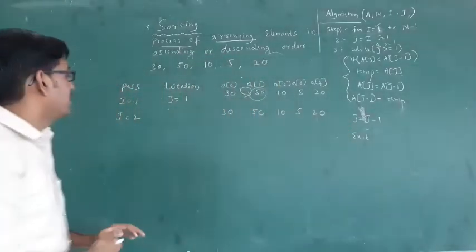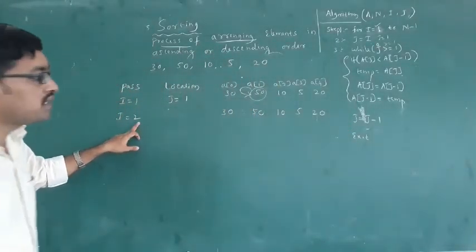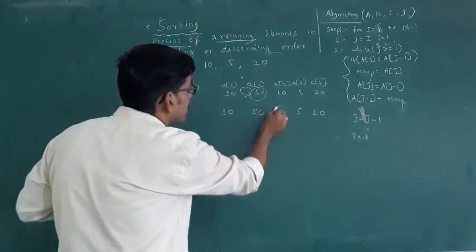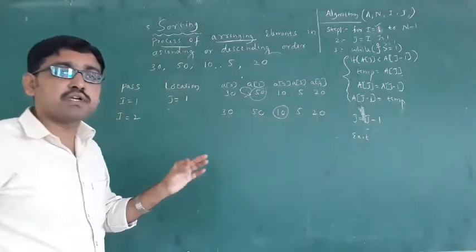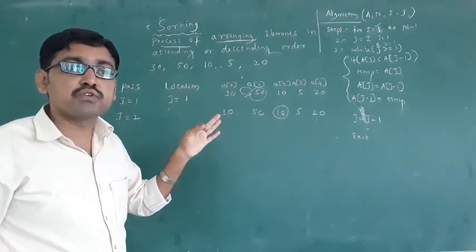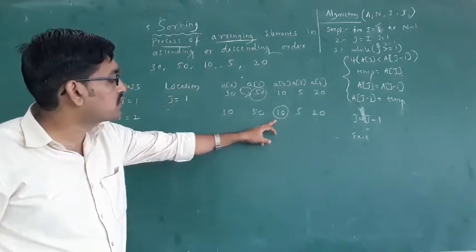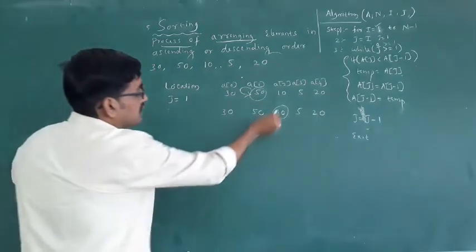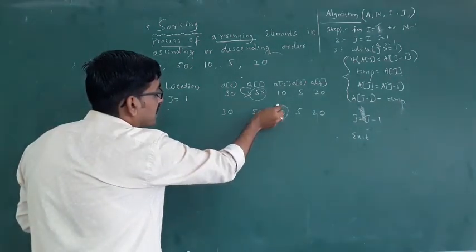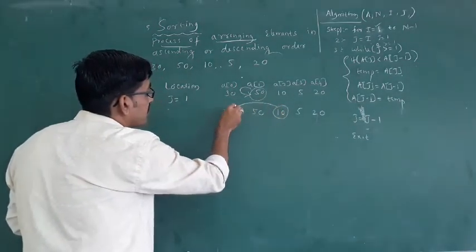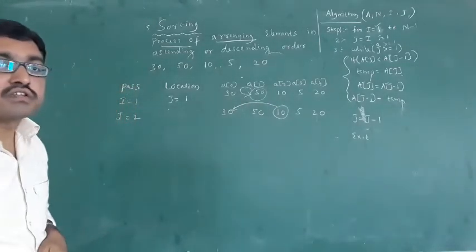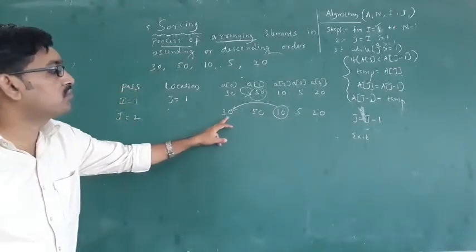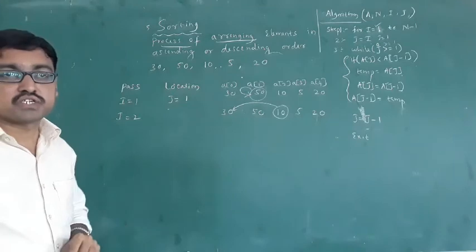Okay, then next i equal to 2 means just you have to put a round on 10. If 10 comes, you have to insert it in the proper position. In which proper position do you have to insert 10? See, if 10 comes, correct is if you put it here in position 0, in position 0 it is sorted. Got it?